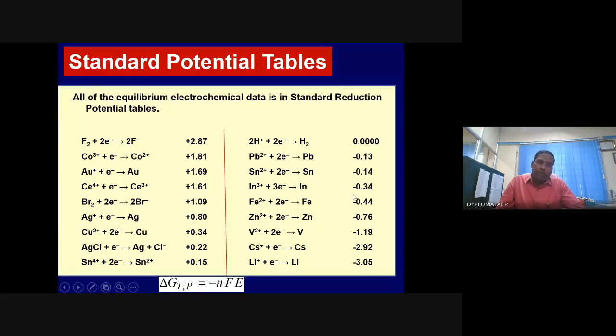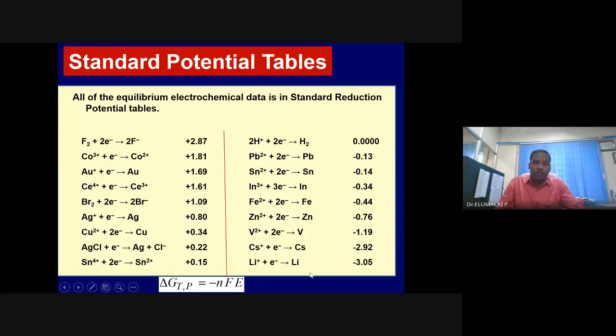The electrode reduction reactions associated with positive potential will all have negative free energy change. All electrodes below zero, or hydrogen, that is, all electrodes having negative reduction potential, their reactions are not spontaneous.